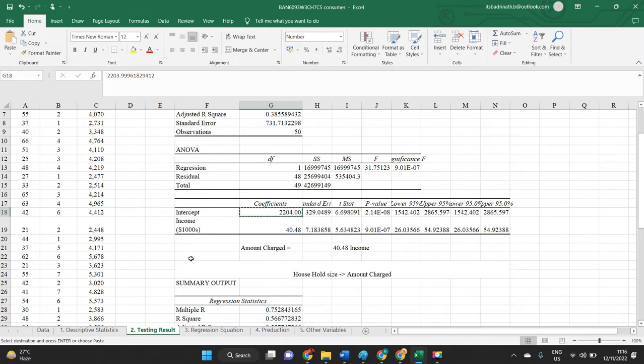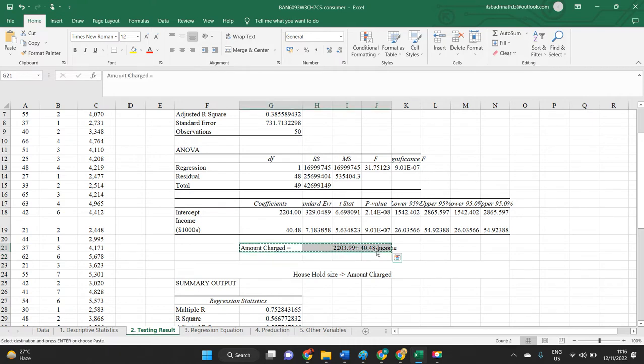The intercept is 22.04. Usually the equation will always start with the intercept.